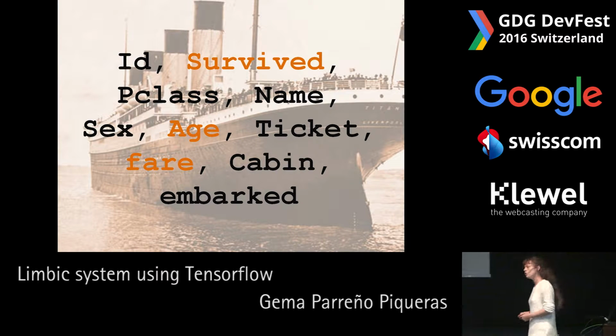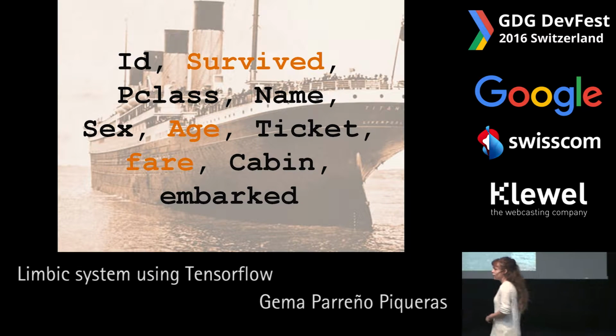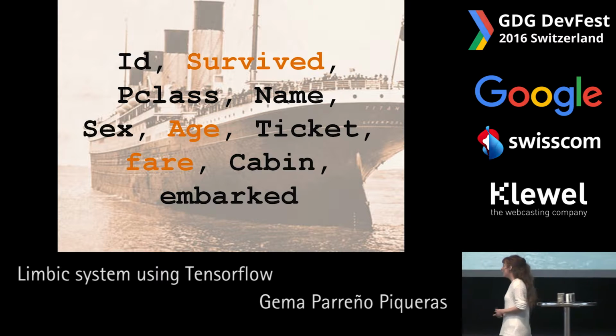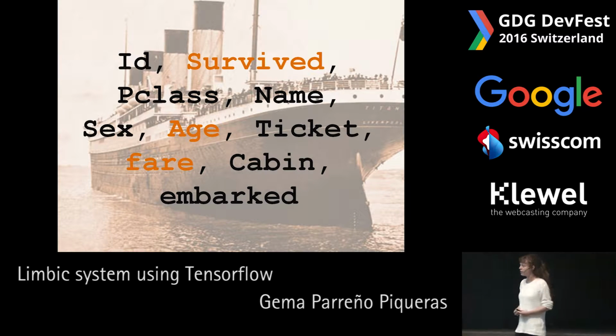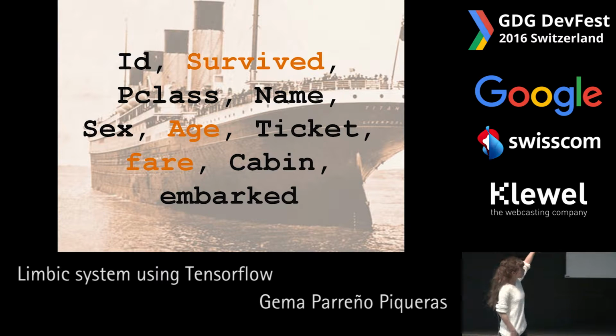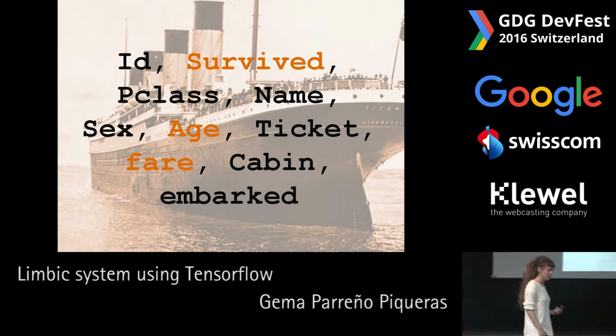For that, I will use the Titanic dataset, trying to classify what is your probability to die or to sink, depending on the data of the passengers, okay? So, amazing topic. For that, I have chosen from the dataset the survived, age, and fare class.